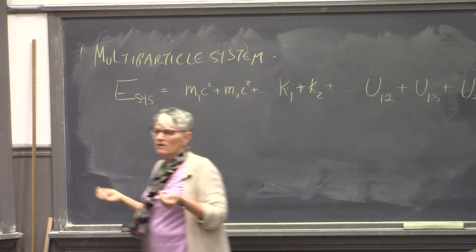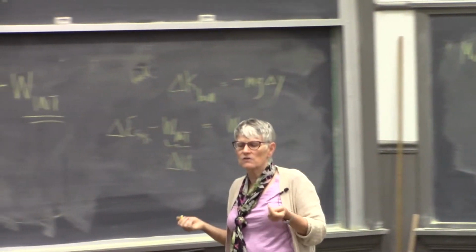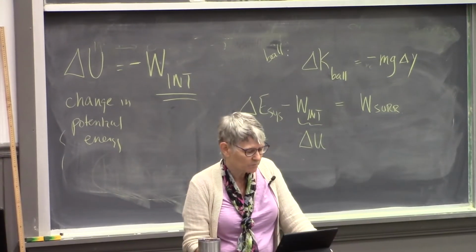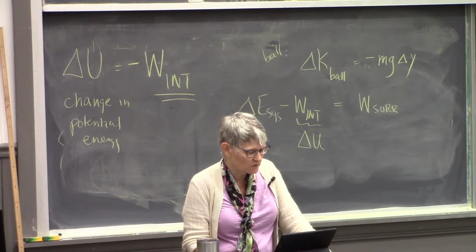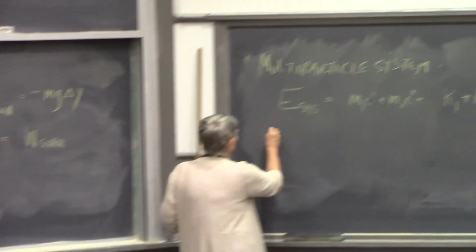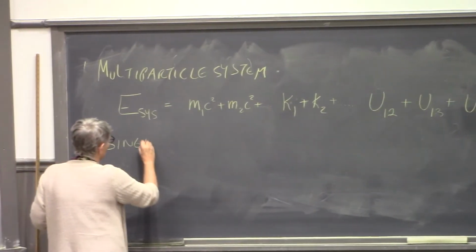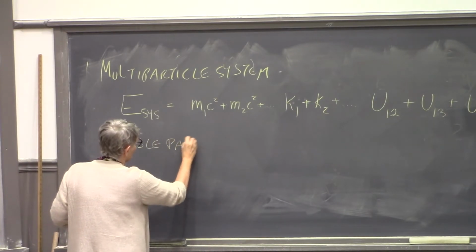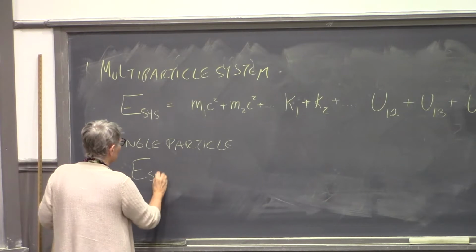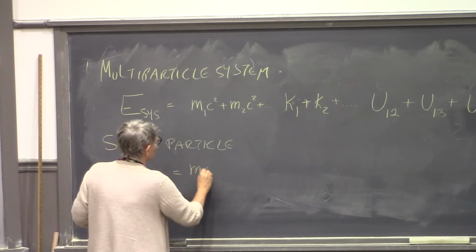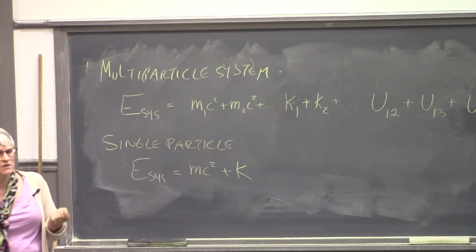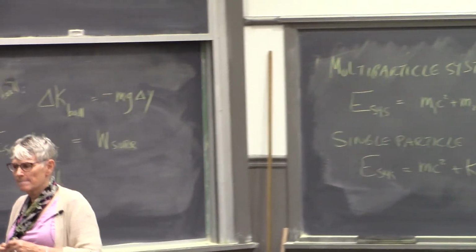So now there are a lot more energy terms when we calculate the energy of a multi-particle system. As for a single particle, the energy of the system is just mc squared plus the kinetic energy. So the rest energy plus the kinetic energy.